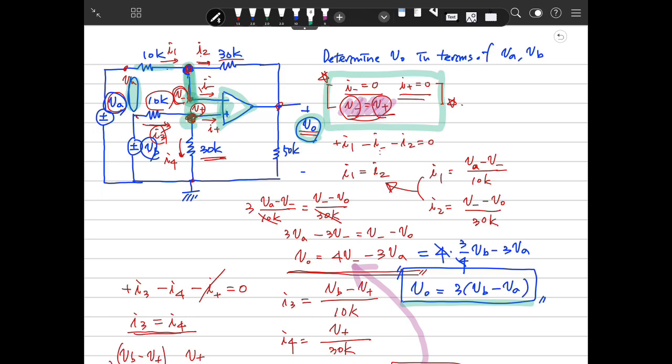That means that voltage and that voltage are the same. Then write KCL based on the two input nodes and solve the electric circuit in other ways. Then you can get the analysis of the electric circuit in this way.